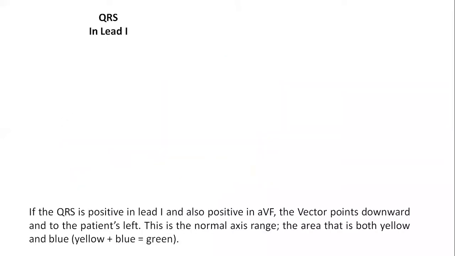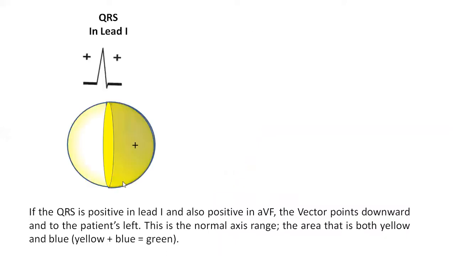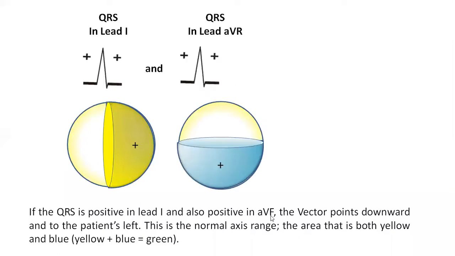Now, if the QRS is positive in lead 1 and also positive in AVF, the vector points downwards and to the patient's left. This is the normal axis range. You see in lead 1, the QRS is positive, this half is positive, and in lead AVF, this portion is positive.